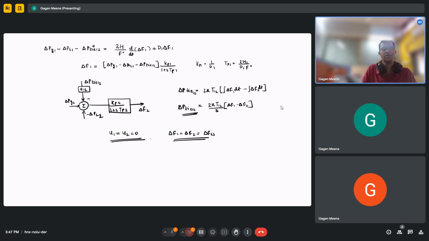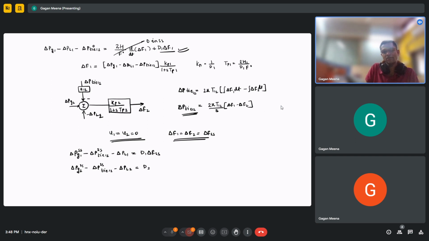In steady state, the frequency deviation in both areas will be the same. So delta Pg steady state minus delta P tie 1-2 minus delta PL1: this same equation, in steady state this derivative part is 0 and we are left with only this one, which is D1 into delta F steady state. Similarly for the second area, delta Pg2 steady state minus delta P tie 1-2 minus delta PL2 is equal to D2 into delta F SS.